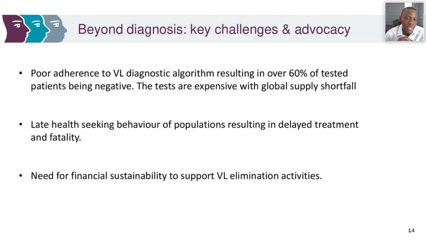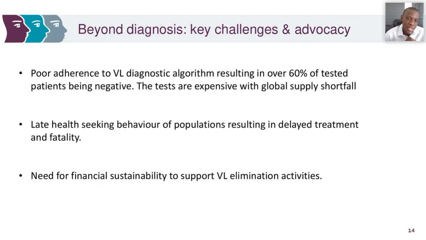This is resulting in a lot more patients testing negative. And the tests are currently expensive, with global supply shortfalls. So we need to strengthen the diagnostic algorithm, making sure that clinical suspicion is strong, and that other diseases in the endemic areas that may mimic VL are ruled out first before going on to diagnose patients.